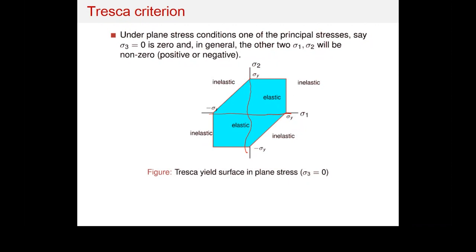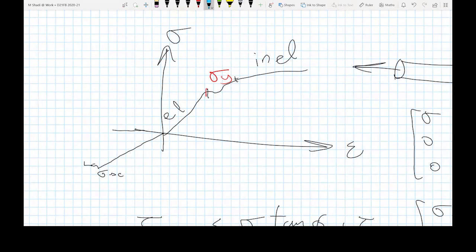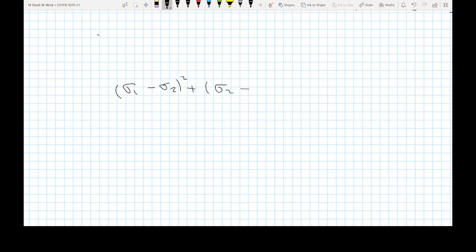All right. Now you can do the same thing for the von Mises. I probably just write von Mises there as well. So the von Mises criterion is sigma 1 minus sigma 2 squared added to sigma 2 minus sigma 3 squared added to sigma 3 minus sigma 1 squared should be smaller than 2 sigma y squared.